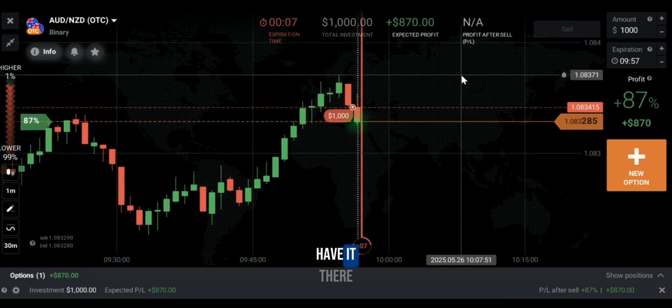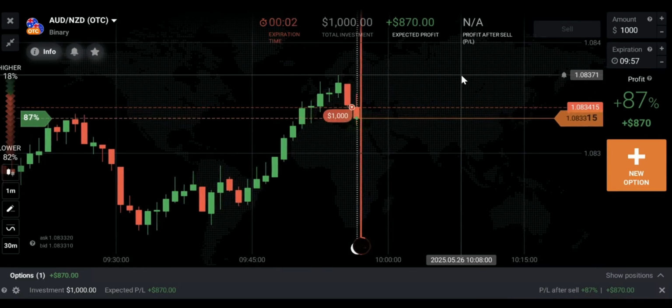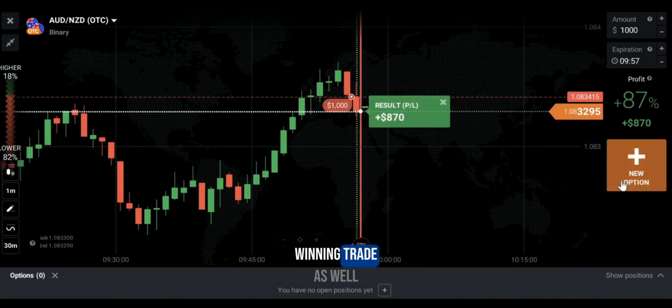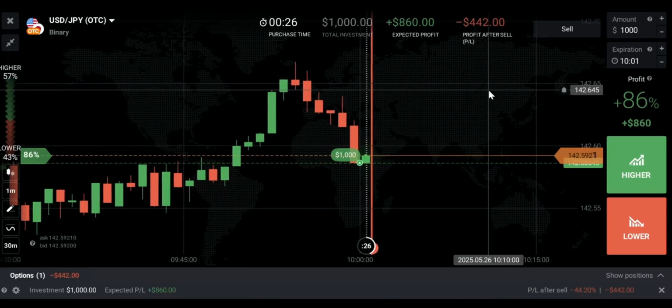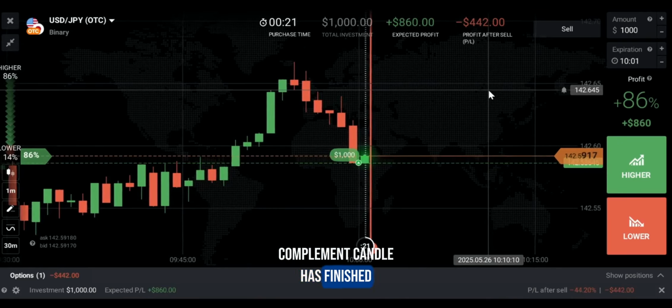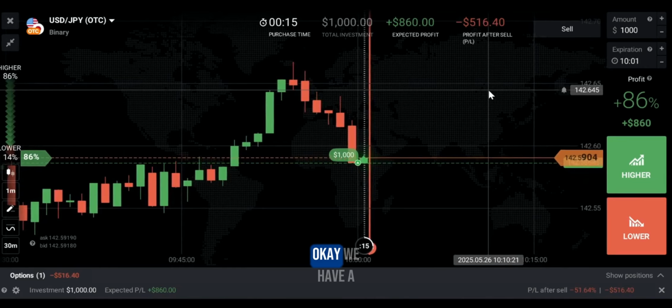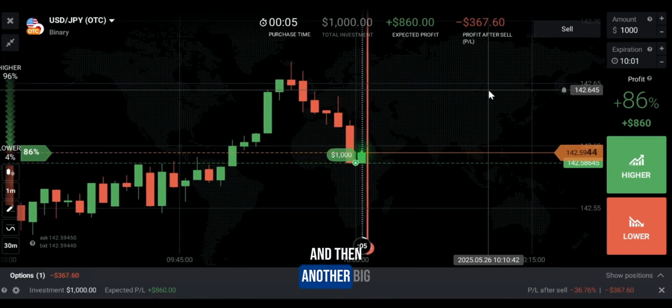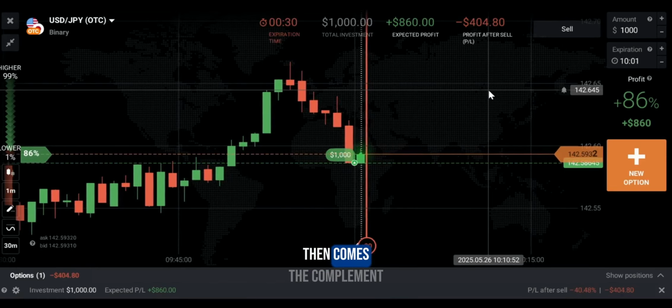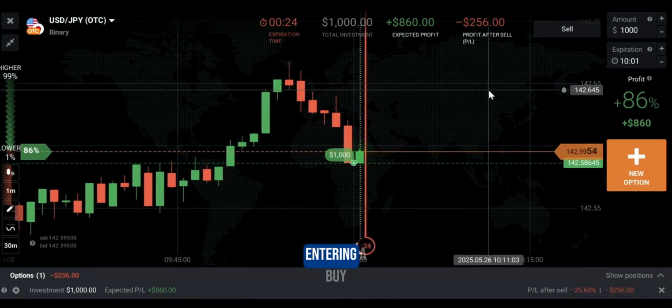So that's it, we have it there. And that's a second winning trade as well. Let's go with the third one. Our complement candle has finished and we enter with a buy. Okay, we have a big red candle, a small red candle, and then another big red candle. Then comes the complement candle and we would be entering a buy.